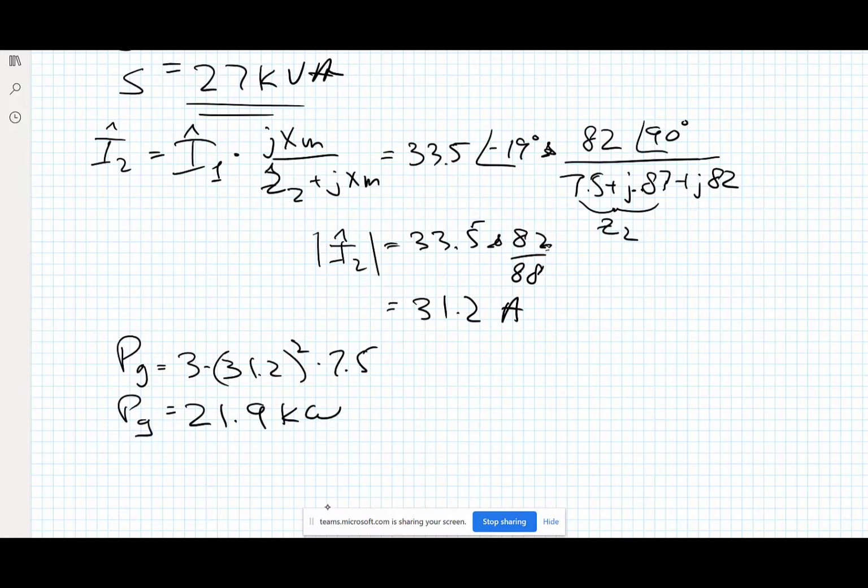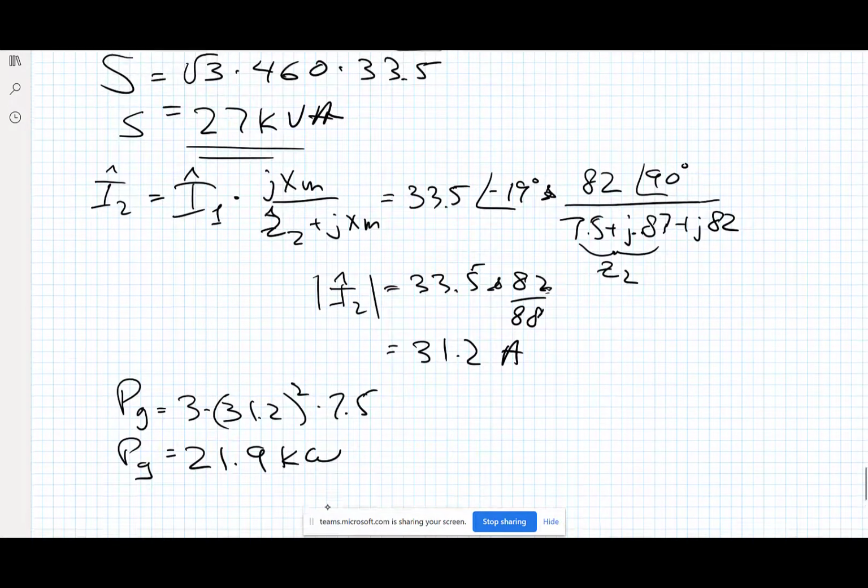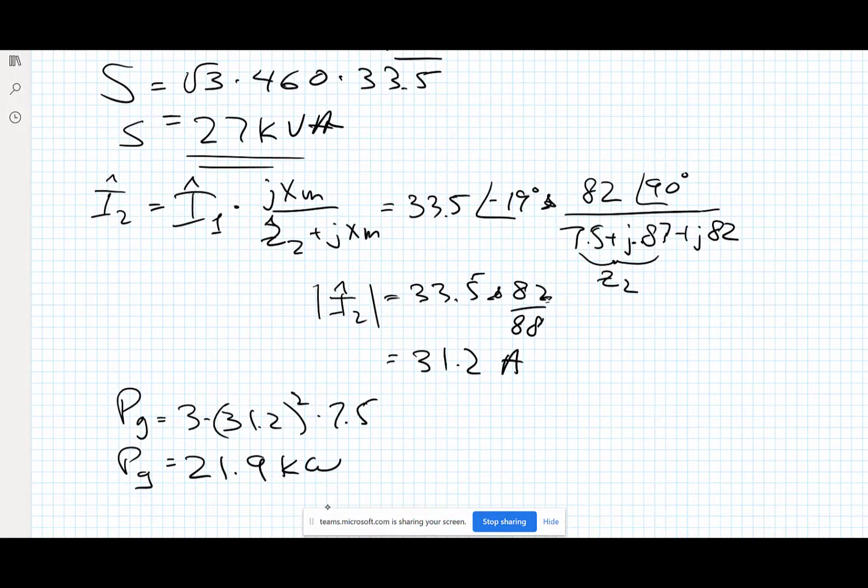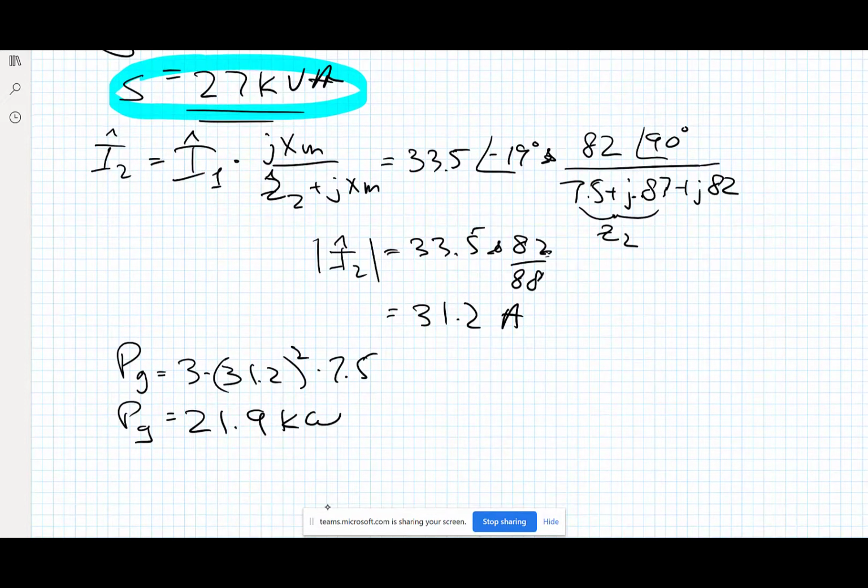That's the gap power. Now remember I found the volt amperes. Let's check this. So that's my input volt amperes, 27, and my gap power is 22.